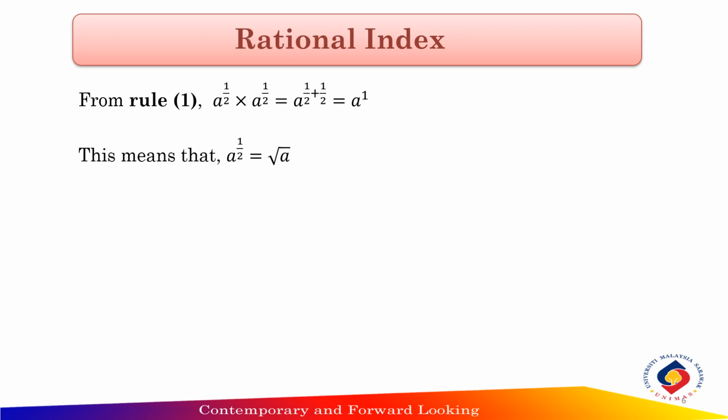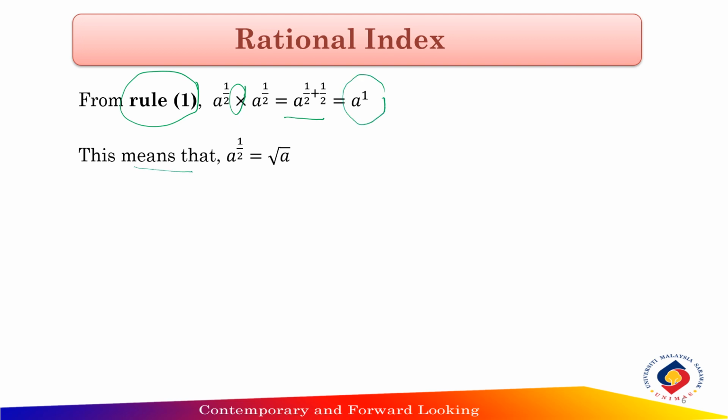Rational index. From rule 1, A to the power of 1 over 2 times A to the power of 1 over 2. Same base A, so we can add the indices. So it equals A to the power of 1 over 2 plus 1 over 2, which equals A to the power of 1.